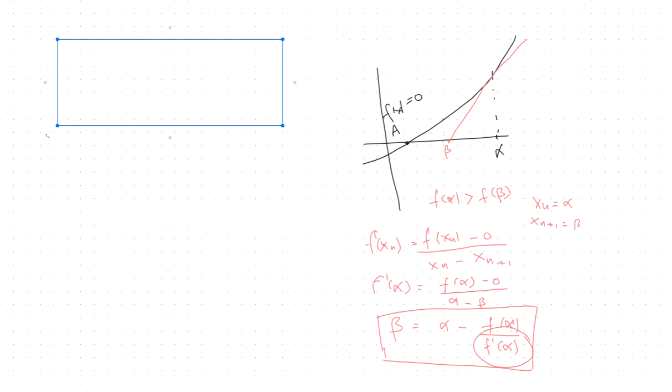This value can converge quite quickly, but of course, there will be some points where this approximation is going to fail. One of the most obvious cases is when the derivative ever gets to zero.